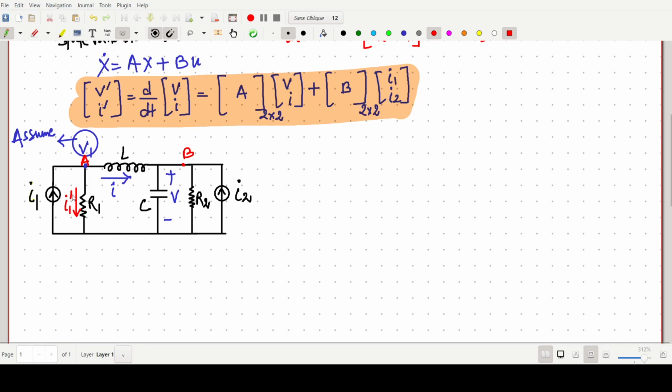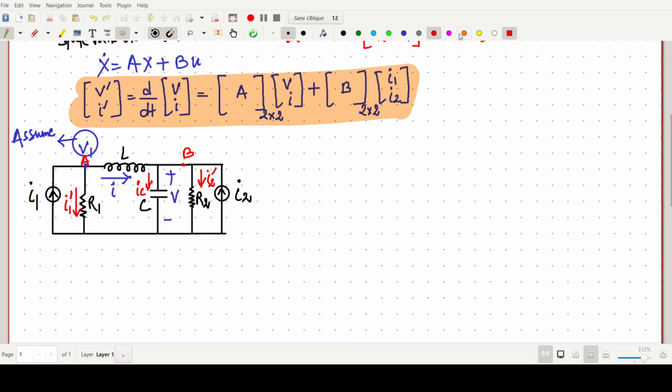This current is IC, the current flowing through the capacitor, and this one I am calling I2 dash.